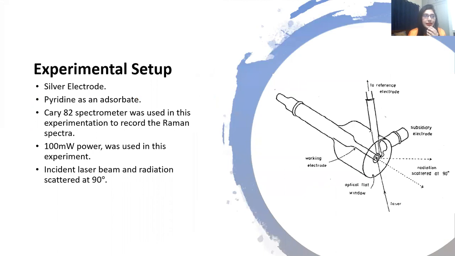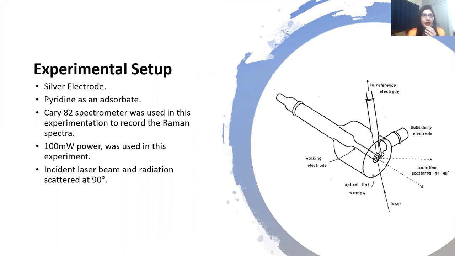The experimental setup formed by the author comprises a silver electrode. Here, silver was chosen as an electrode due to its high adsorption property. Pyridine, being a strong Raman scatterer, was taken as an adsorbate.